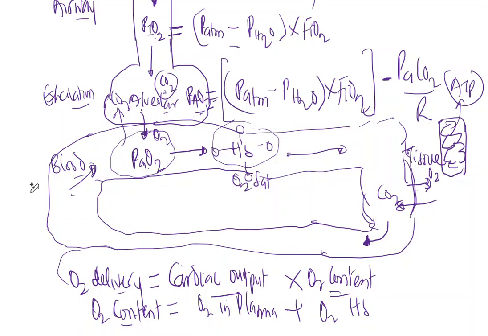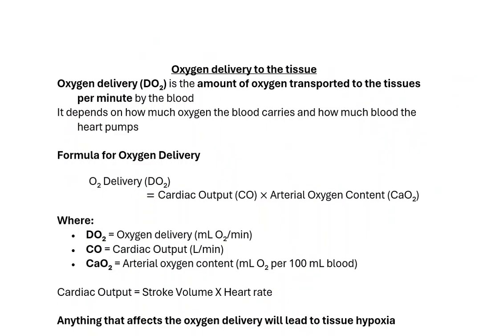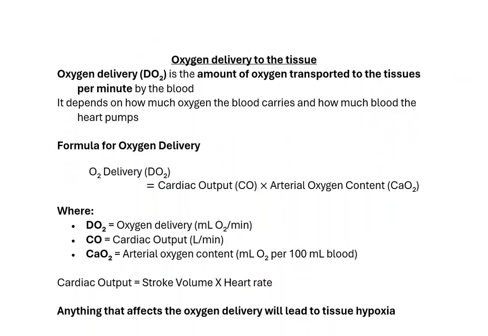So let's now go through the notes, and then we're going to come back to that diagram in a second. When we look at oxygen delivery, this is the amount of oxygen transported to the tissue per minute by the blood, right? And this depends on how much oxygen the blood carries and how much blood the heart pumps.